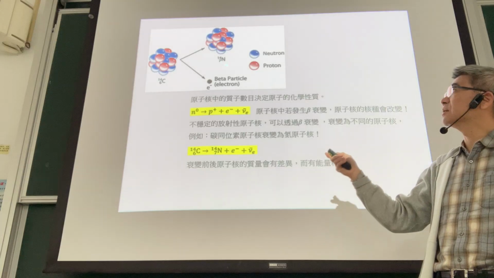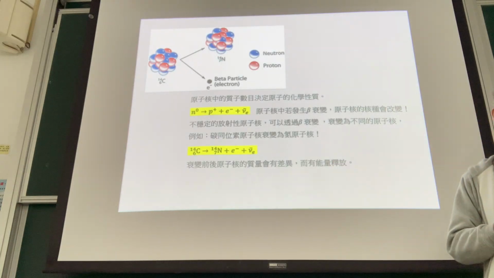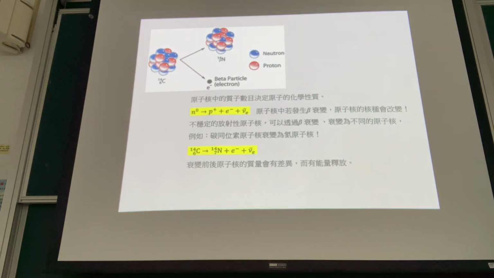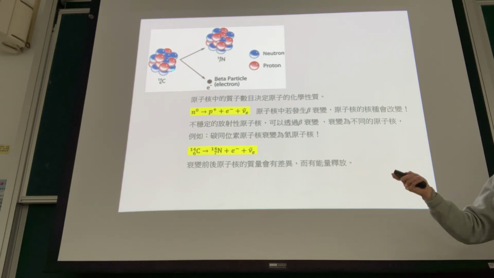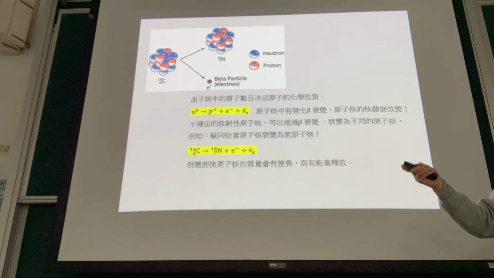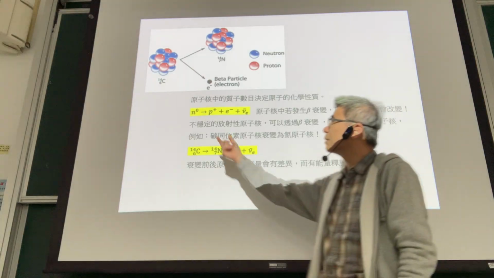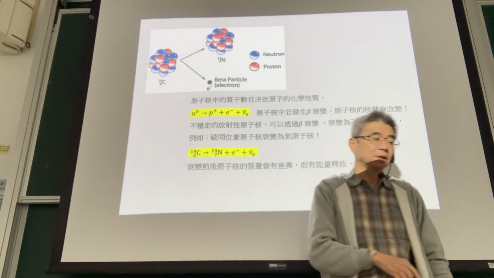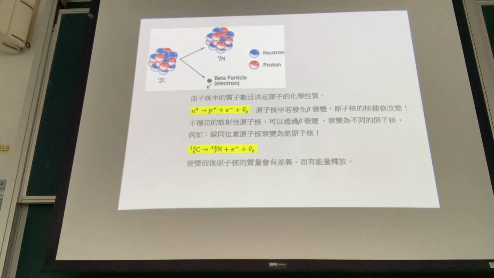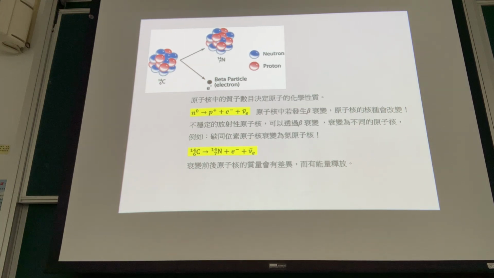Normal nitrogen consists of 7 neutrons and 7 protons, so it's much, much more stable than this one. So that's why this decay will occur at all, because it seeks to go from a very unstable nucleus into a very stable nucleus by transforming the identity of one of the nucleons inside it.